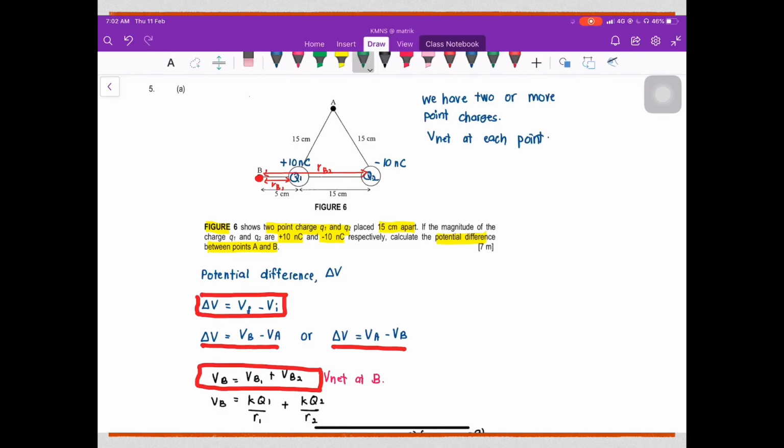Then for point A, this is the distance RA1, and this is the distance RA2.